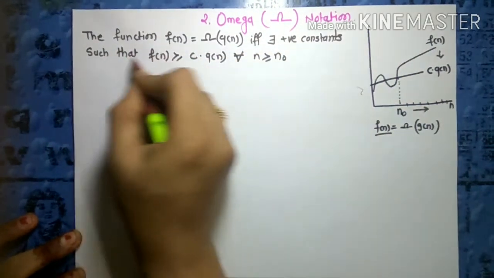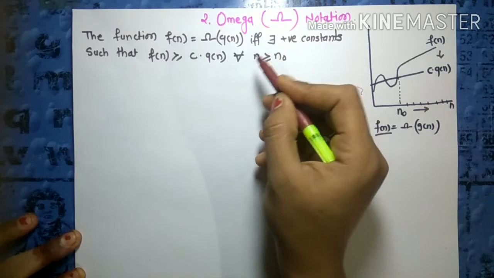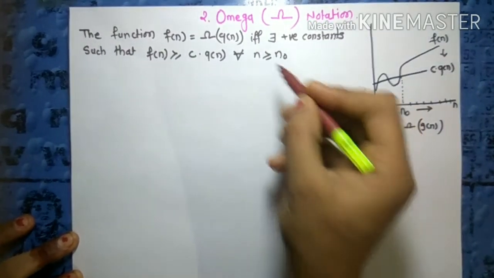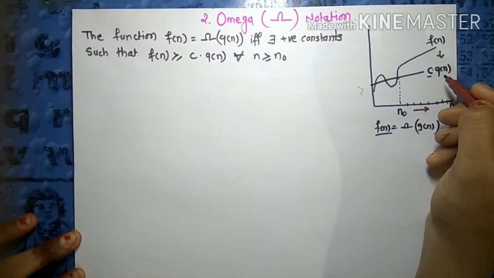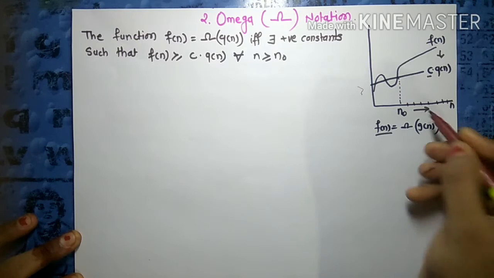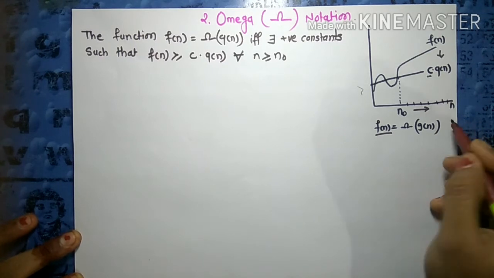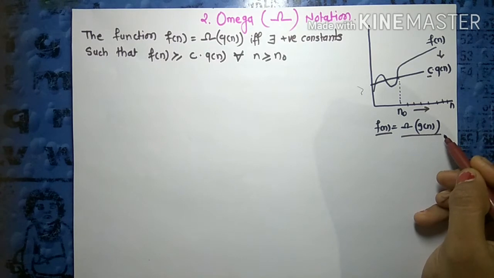The definition says that f of n belongs to the set omega of g of n if there exists a positive constant c such that it lies above c of g of n for sufficiently large n. For any value of n, the minimum time required by the algorithm is given by omega of g of n.